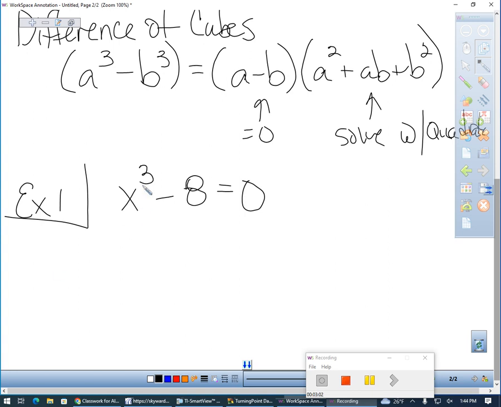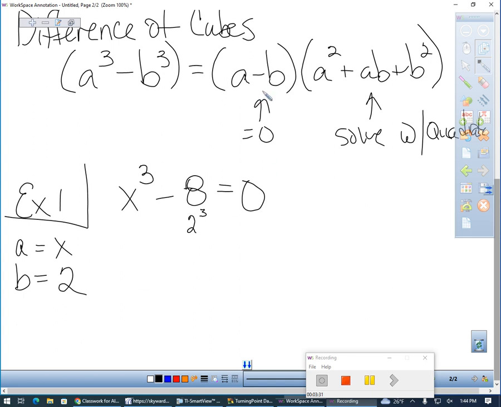The first one is a perfect cube, right? This is actually x to the third power, so it's x times x times x. So in my formula, technically my a would just be x. The second one is 2 to the third power, which is the same as 8, right? So that means my b value is going to be 2.